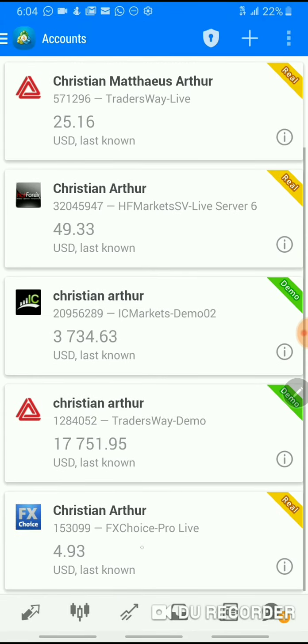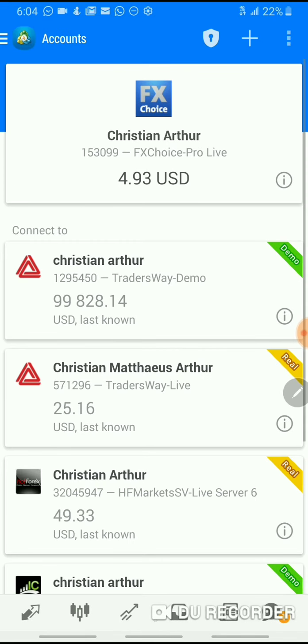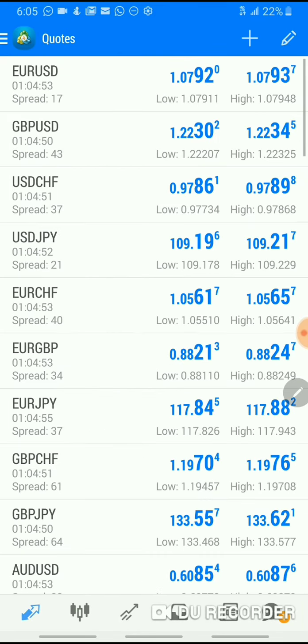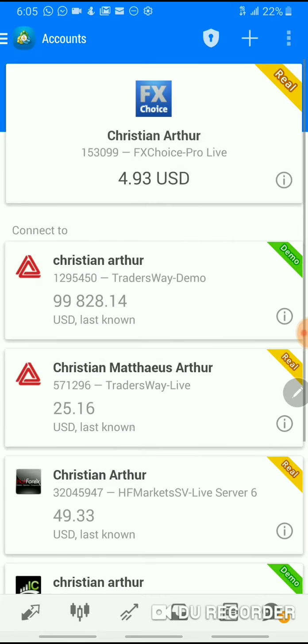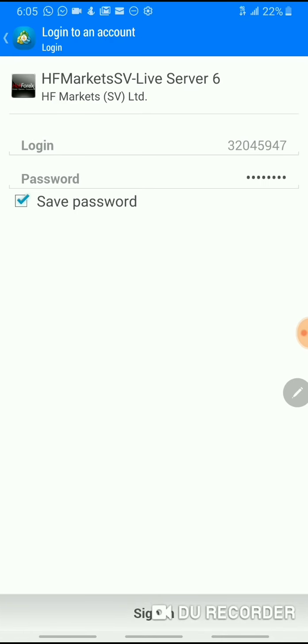Let's talk about different brokers now. So FX Choice, Euro USD is spread 16, 17, but on Traders Way we had a spread of 7.6. So let's move on to Hot Forex.